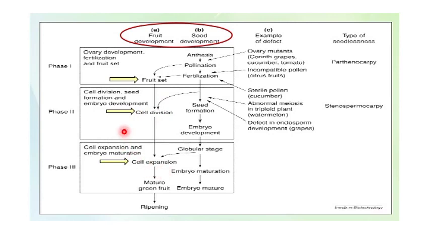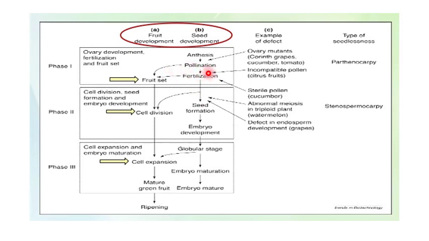The ovary takes a decision in the first phase, to either abort or go further in fruit development. If pollination occurs properly, then fertilization starts and the fruit proceeds into seeded fruit.